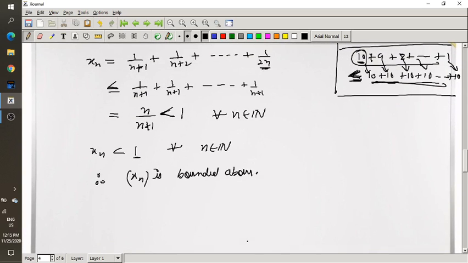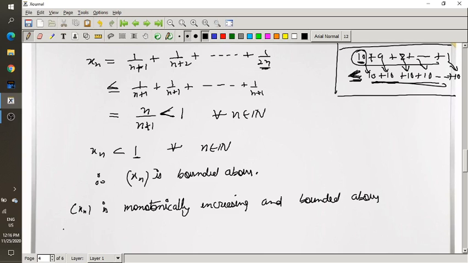Combining these two statements, xn is monotonically increasing and bounded above. Therefore xn is convergent. Right? So I hope the idea is clear.